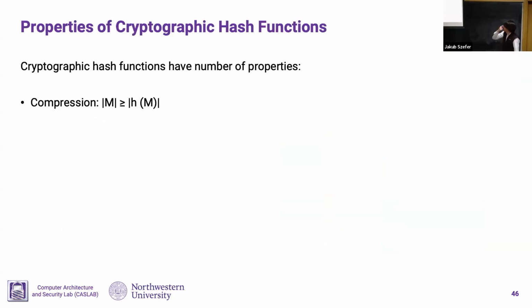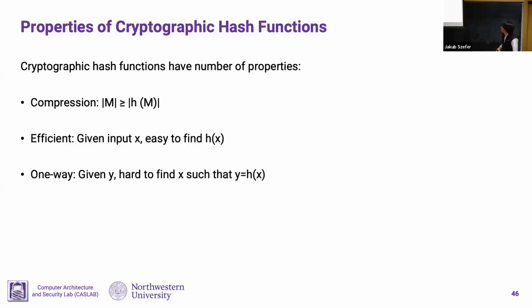More formally, hash functions have a few properties. The first one is compression. Like I mentioned, it's a fixed-length fingerprint. No matter the size of your message, the output will be the fixed output size. It's much smaller, usually fixed to something like 256 bits. So the output is smaller and fixed length. Then, given an input X, it's easy to find the hash. It's easy to compute, you can compute this in reasonable time.